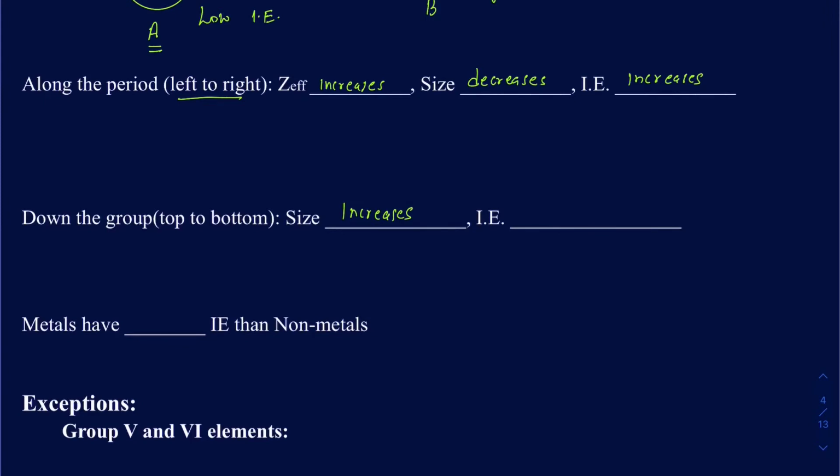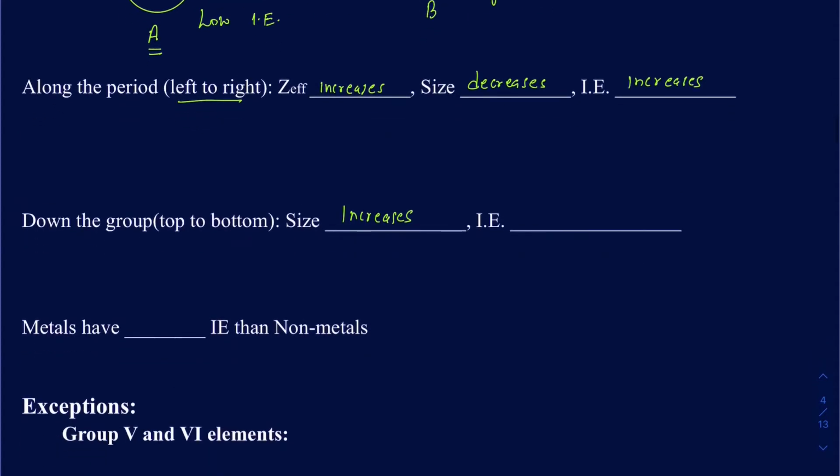Size increases because you're adding different shells as you go down, which means your valence electrons are going away from the nucleus, and that's going to have a weaker attractive pull. So if your size is increasing when you're going down the group, your ionization energy is going to be decreasing. So you need low ionization energy to remove an electron when you're going down the group.